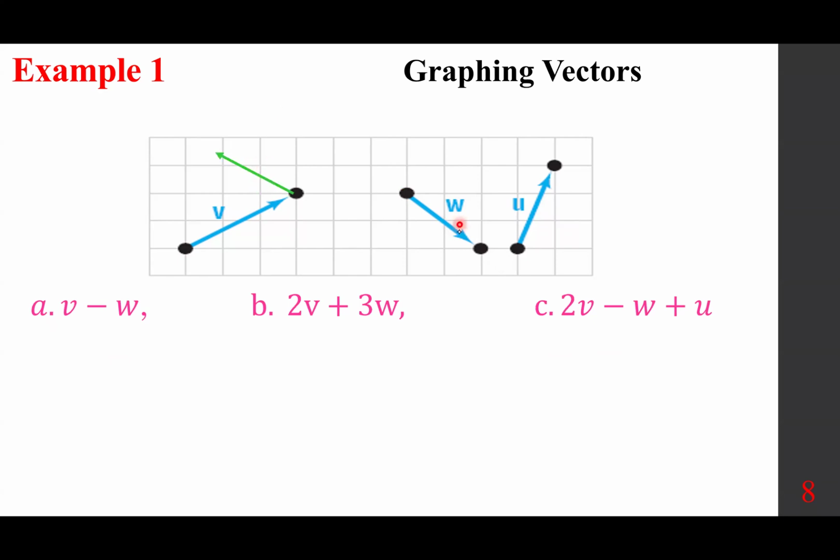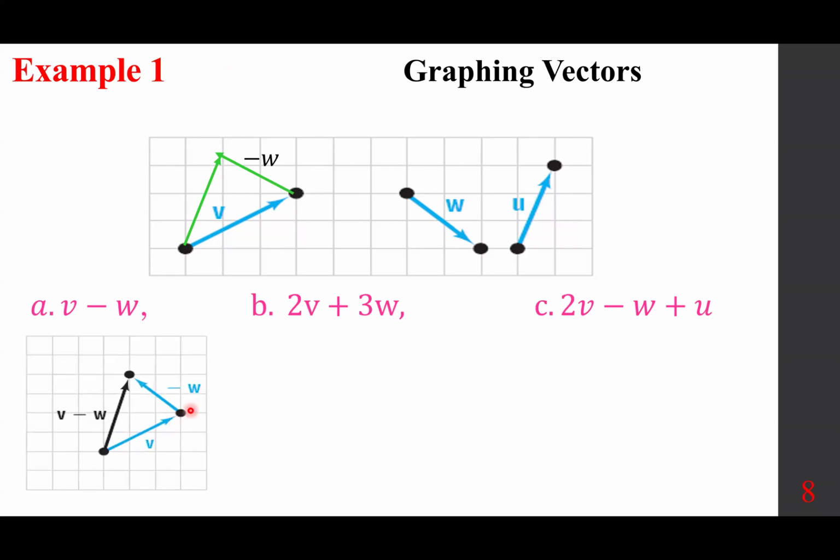This is parallel to that, same size, but in the opposite direction. This is minus w, and this is the answer. So you can see the graph of v minus w. You want to graph the resulting vector. Okay, everybody.